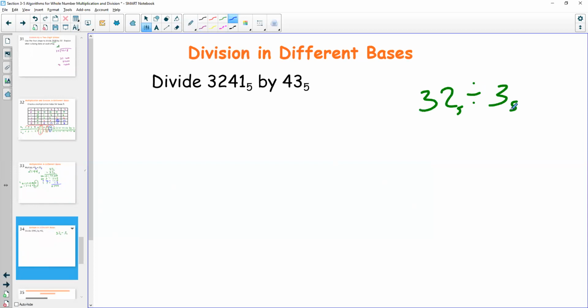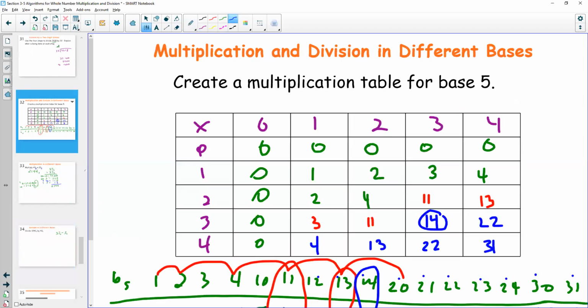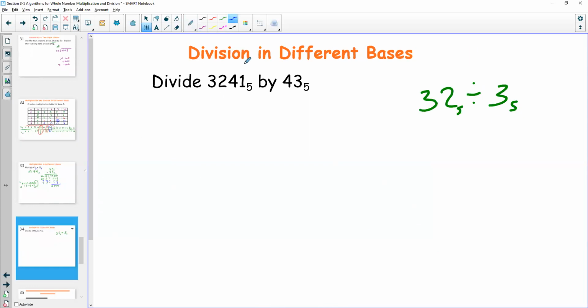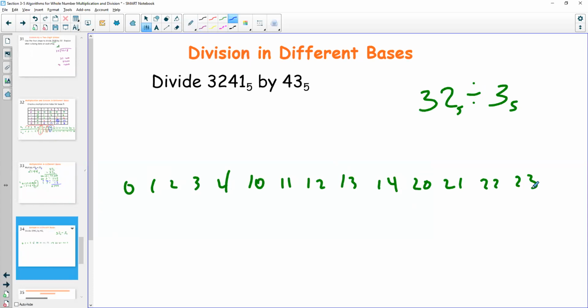Okay, let's think about it this way first. Think about if I counted in base 5 all the way to 32 and divided it by 3. So let's count in base 5. I go 0, 1, 2, 3, 4, 10, 11, 12, 13, 14, 20, 21, 22, 23, 24, 30, 31, 32.